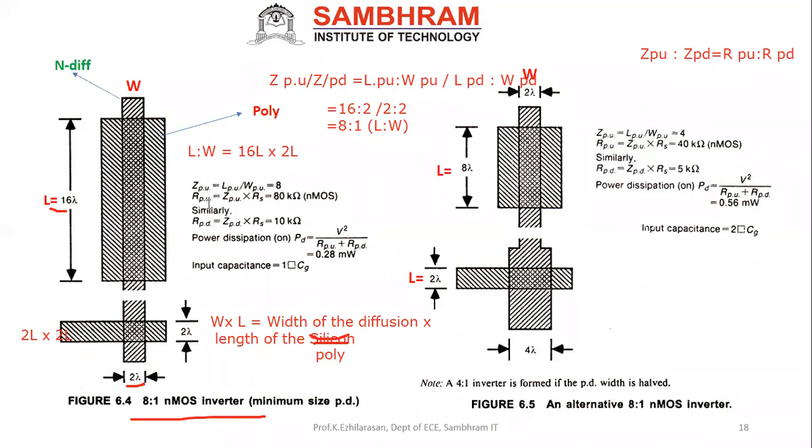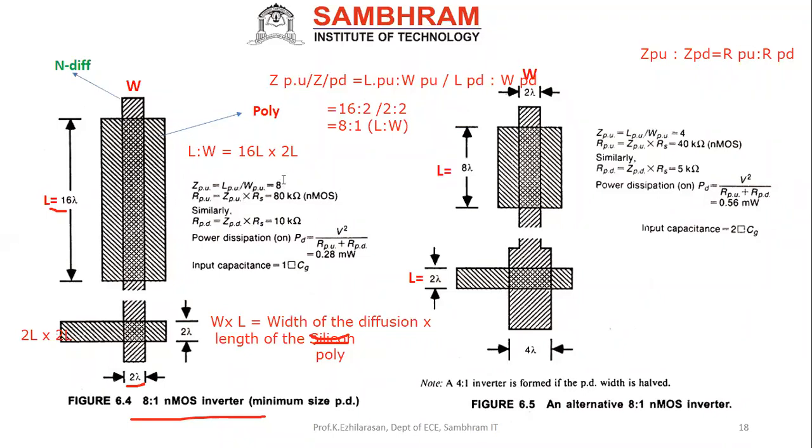Now you can see what RPU is. From this, RPU is equal to ZPU into RPD. As we know, previously we did RPD, which is the pull down resistance, that is the sheet resistance. This we already calculated, I hope you remember.